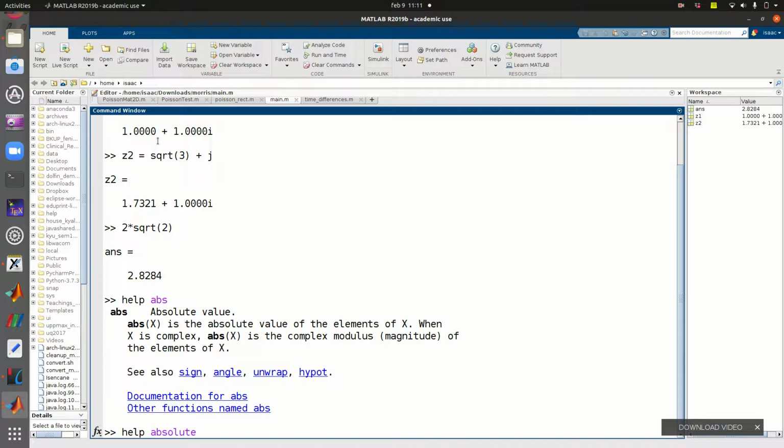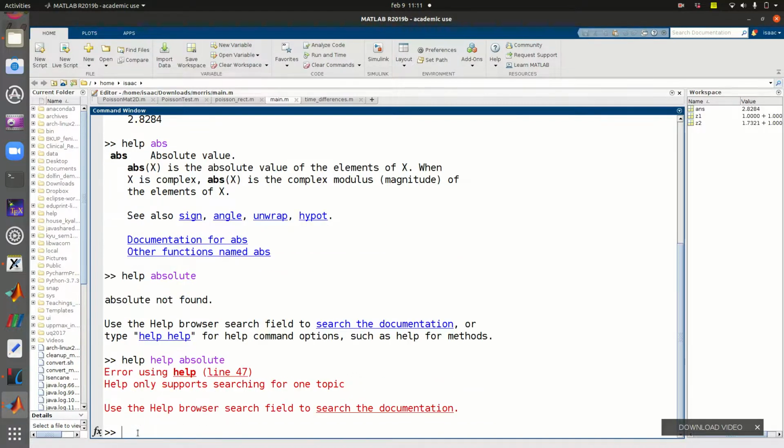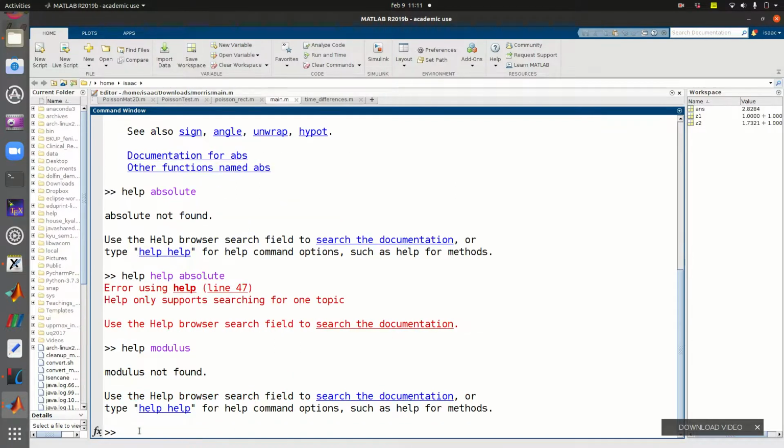I'm not so sure. Okay, maybe that does not help. Maybe if I want to find modulus, let me see, modulus not found.